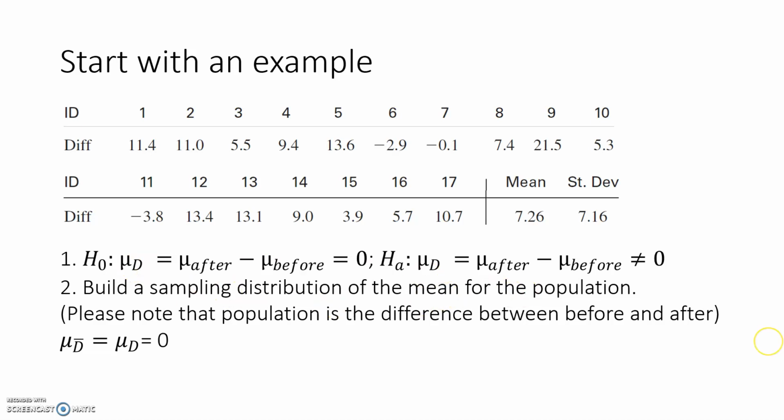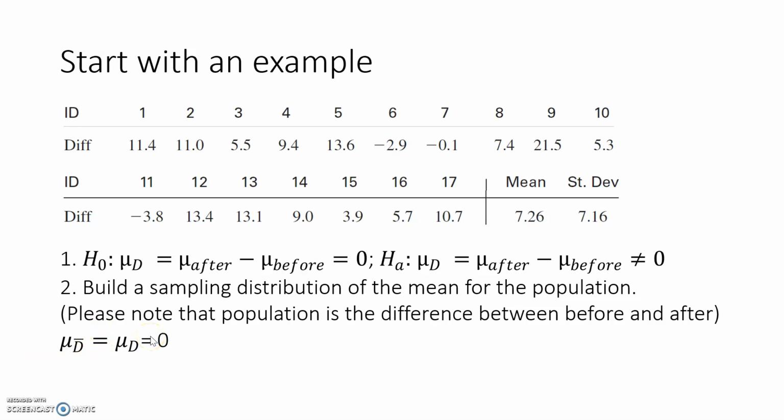Okay, so by population, I'm talking about the difference scores population. And then we want to do some calculation and work on the statistics for this sampling distribution of the mean. Okay.